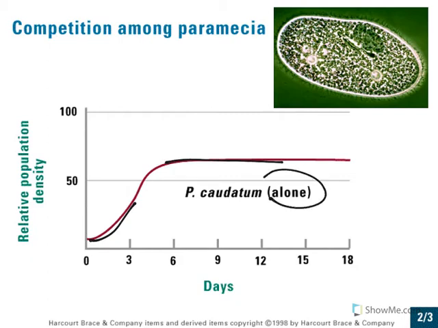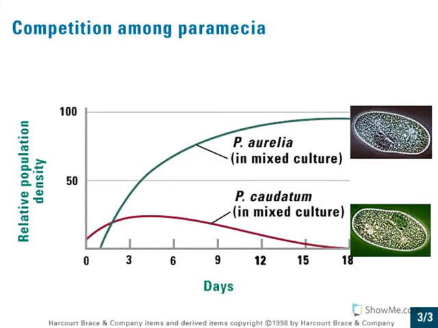Again, this is alone, but the exclusion principle states that if these two organisms are requiring the same type of resource, like food and nutrients, in an area where they're in a mixed culture, only one of them has the potential to survive long term. So it's just too competitive for both of these organisms to exist simultaneously using the same type of resource.